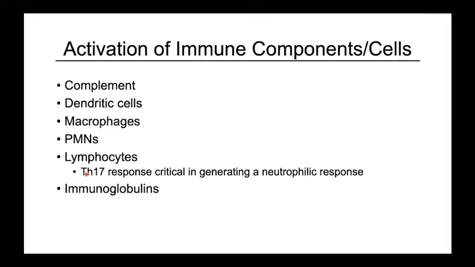So you can see there's an interplay between the adaptive and the innate immune cells. Your innate immune cells activate your lymphocytes, then you get differentiation or proliferation of your T helper 17 cells that produce cytokines, which are involved in attracting neutrophils to the site, okay?